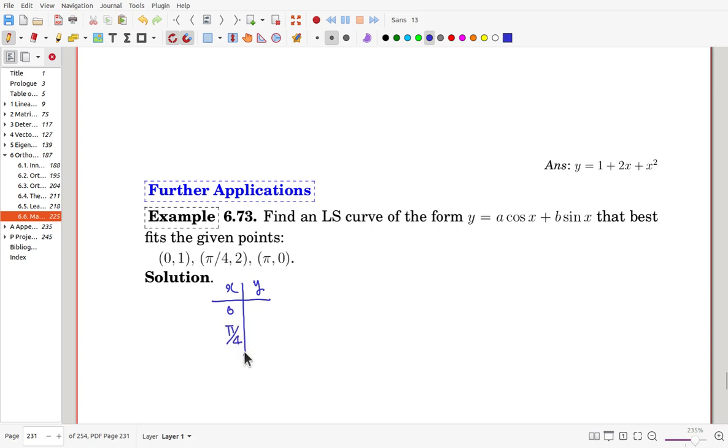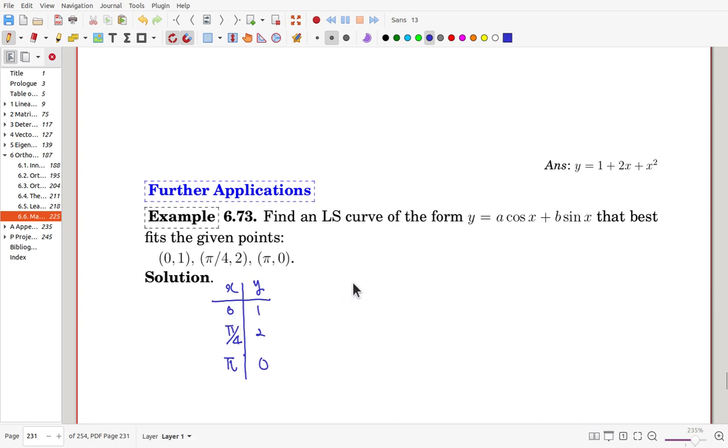That is the second x point, and the final one is pi. And the y values are 1, 2, 0.